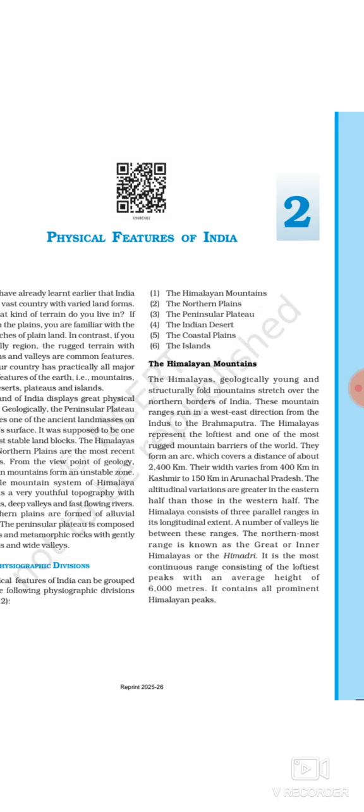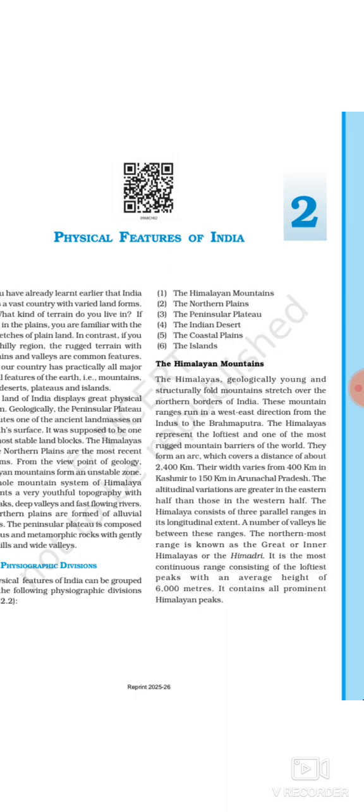Greater variations in altitude are found in the eastern half of the Himalaya as compared to the western half. The Himalaya basically have three parallel ranges in their longitude. A number of valleys lie between these ranges.